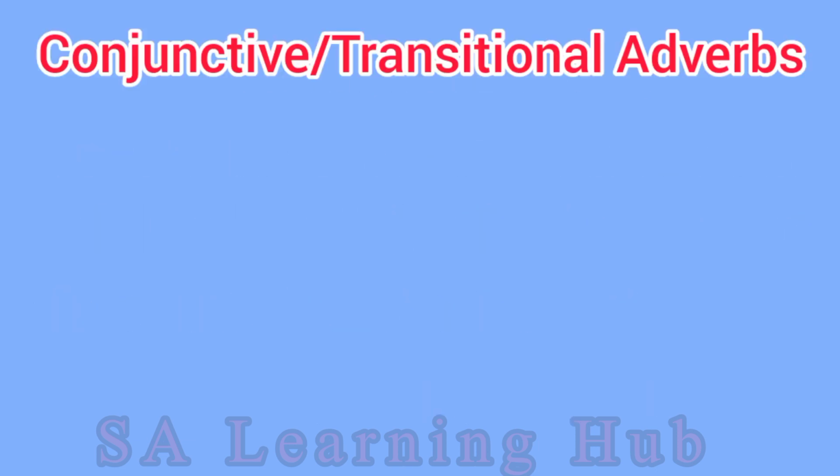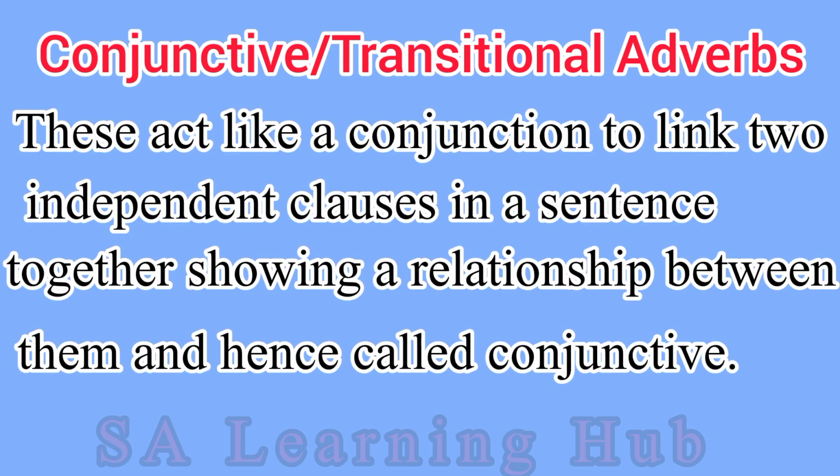Let's talk about the eighth type of adverbs, which is conjunctive adverbs or transitional adverbs. Conjunctive adverbs, also called transitional adverbs, perform a little differently from the other types of adverbs. These adverbs act like a conjunction to link two independent clauses in a sentence together, showing a relationship between them, and hence the name conjunctive adverbs.